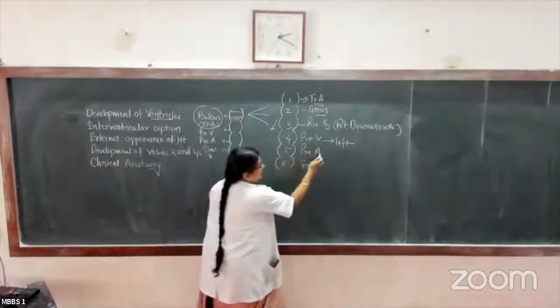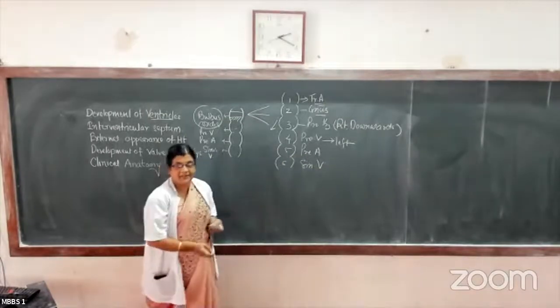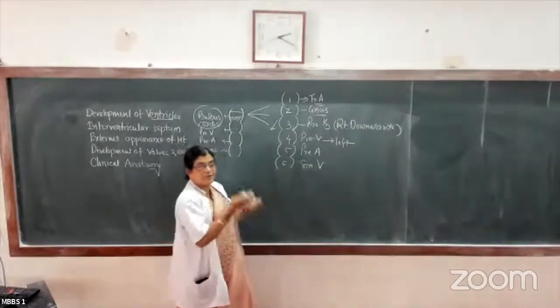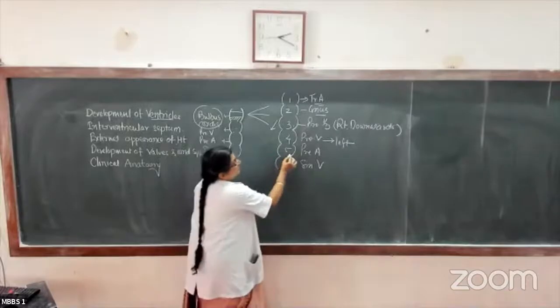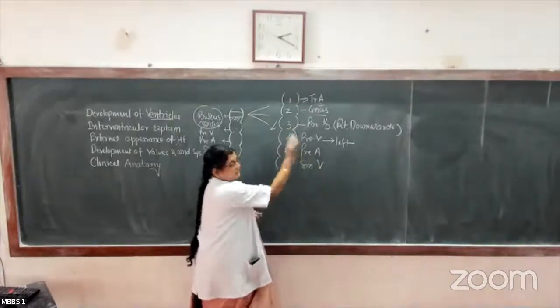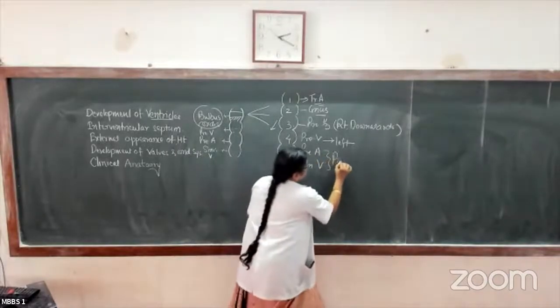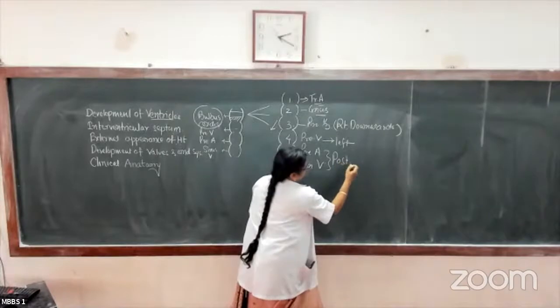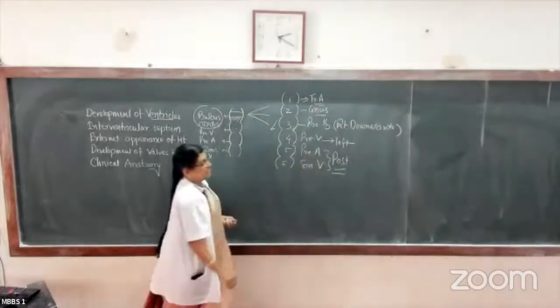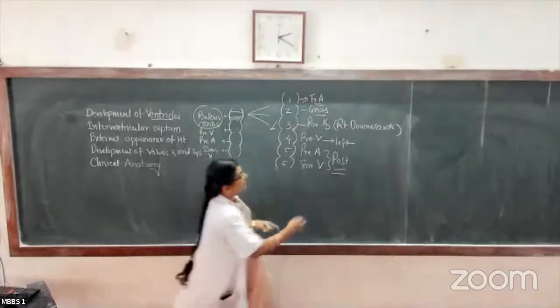Now, primitive atrium, which is again forming right and left atrial chamber, which we have seen already how septum is formed. These chambers will go posterior to these ventricular chambers, and sinus venosus will go posterior to the atrium. So they move posteriorly.